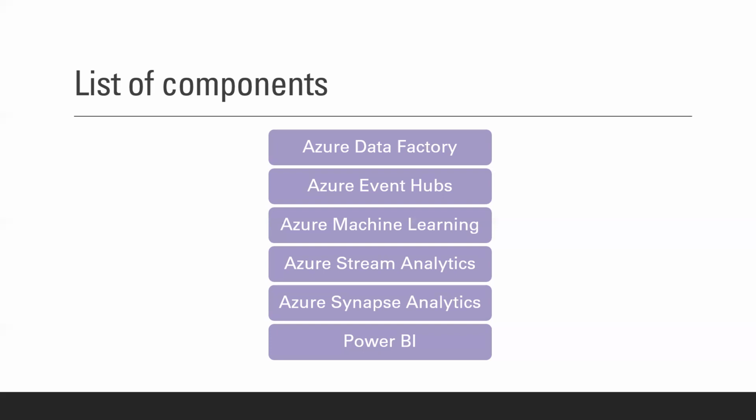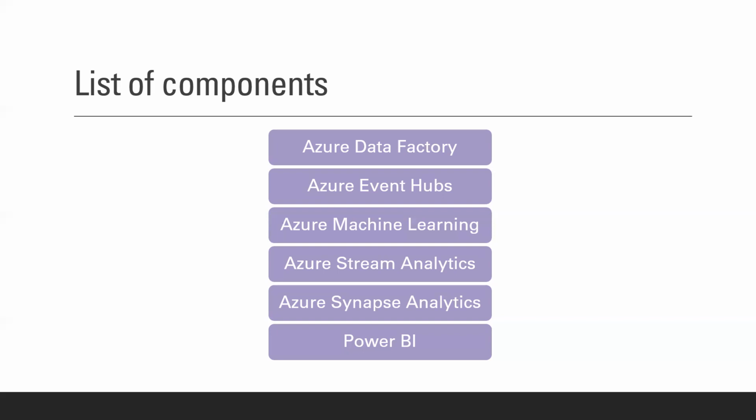Azure Machine Learning is used to make forecasts on the tank level in a particular region given the inputs received. And Synapse Analytics, we already discussed. Synapse Analytics is used to store prediction results received from Azure Machine Learning. And these results are then consumed in the Power BI dashboard.